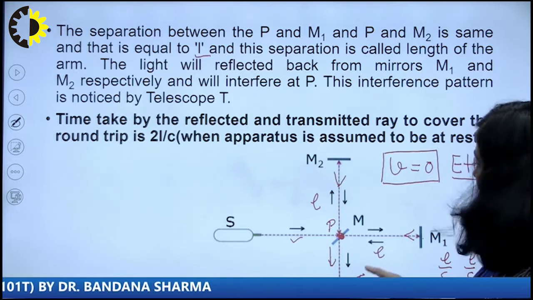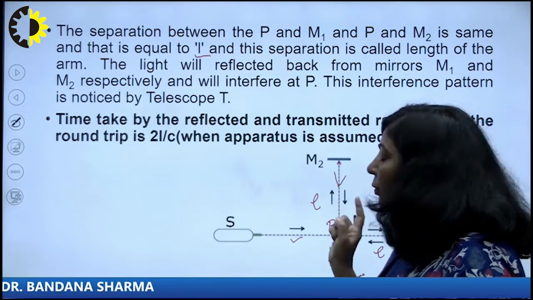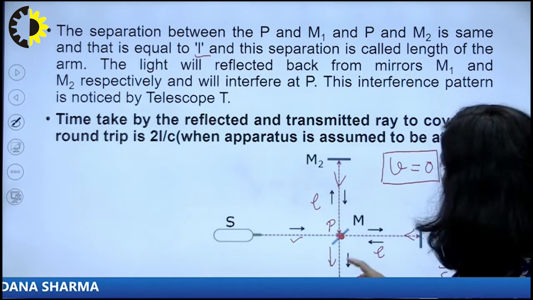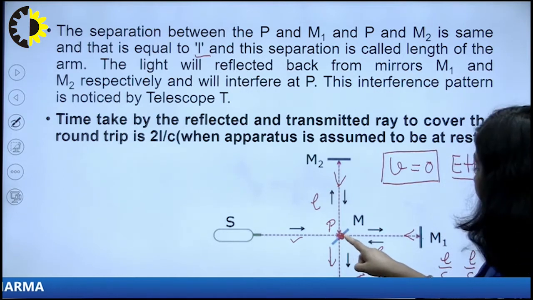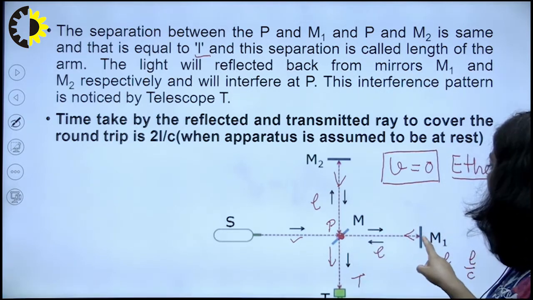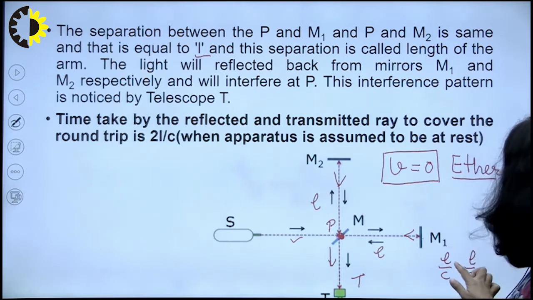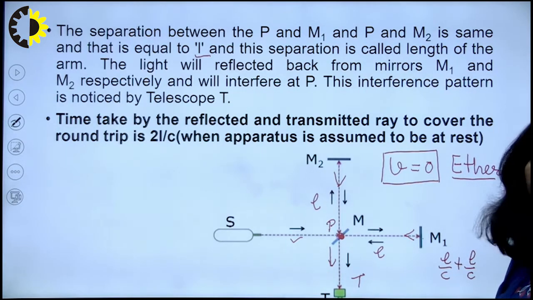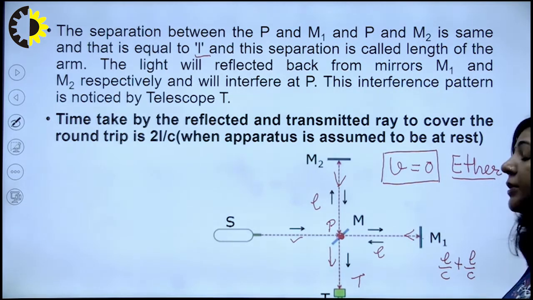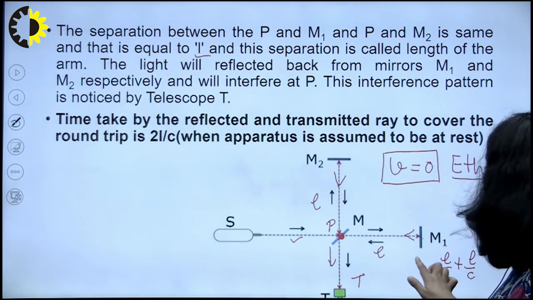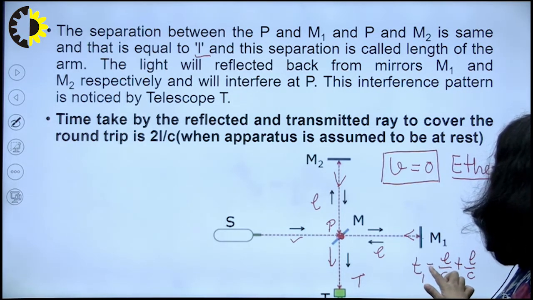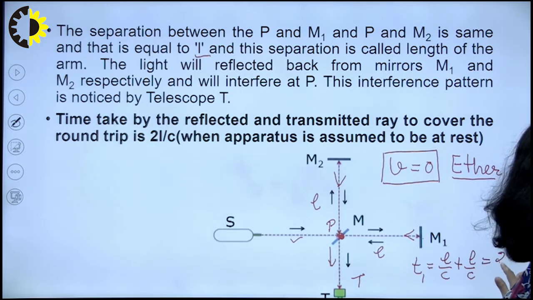For the round trip, from P to M1 and then from M1 to P, the time taken will be L by c for the forward journey and L by c for the backward journey. So the time taken is 2L by c.